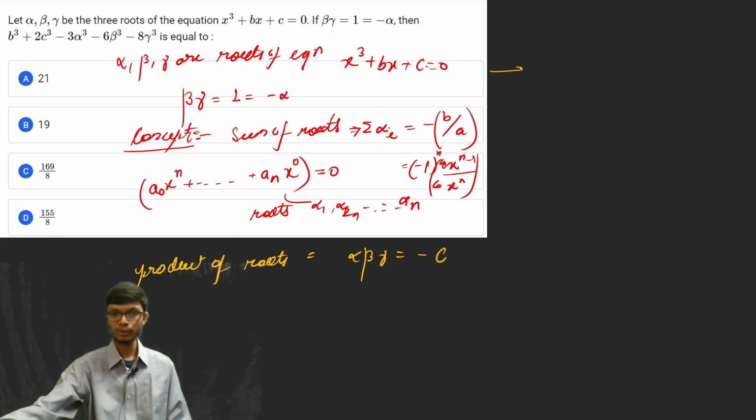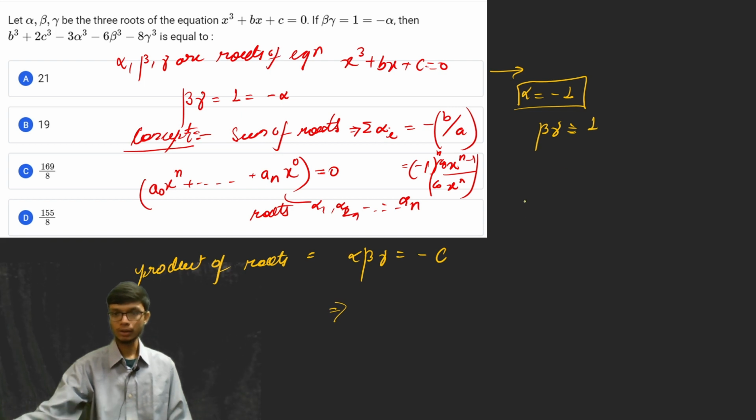And we know that alpha is given as minus 1, and beta into gamma is equal to 1. So minus 1 into 1 is equal to minus of c. So from here, c is equal to 1.